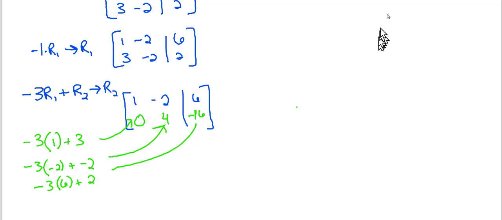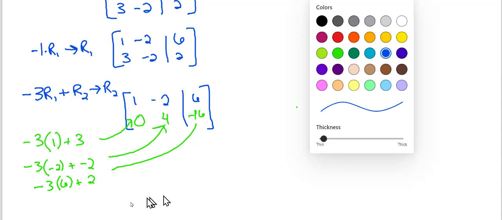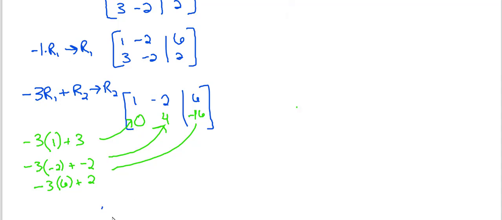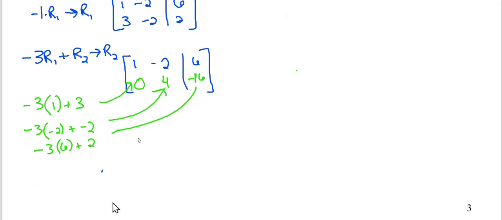Now I have the 0 that I want below the 1. I have my first column exactly the way I want it. We can only do operations on the rows, but we work through the columns.